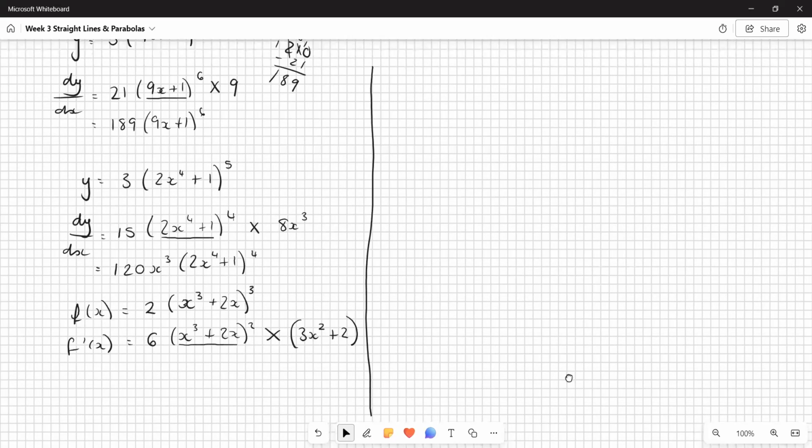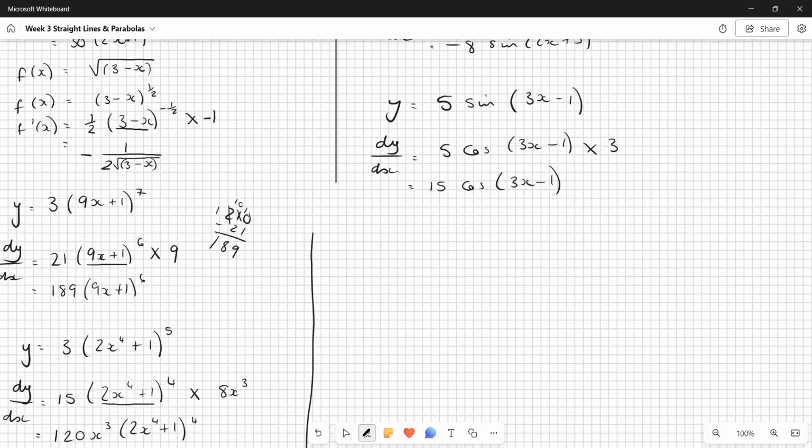So how does that apply to sin and cos? Let's have a think. So y equals 3 cos 2x to the power of 4.